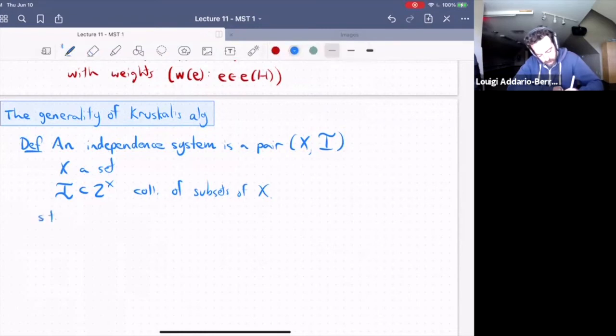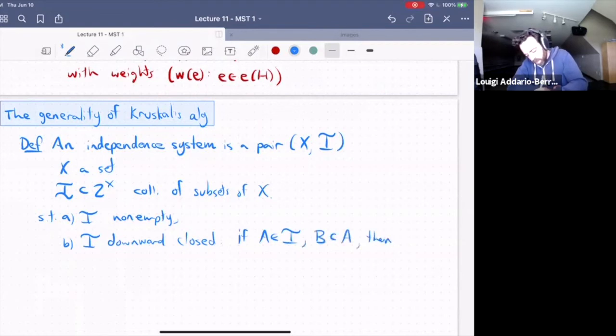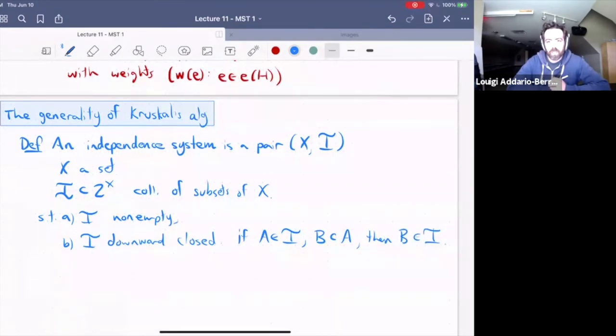I is non-empty, and it's downward closed. So that means if you take an element of I and you take a subset of that element, then the subset is also an element of I. Okay, so like independent sets, linearly independent collections of vectors have this property, right?